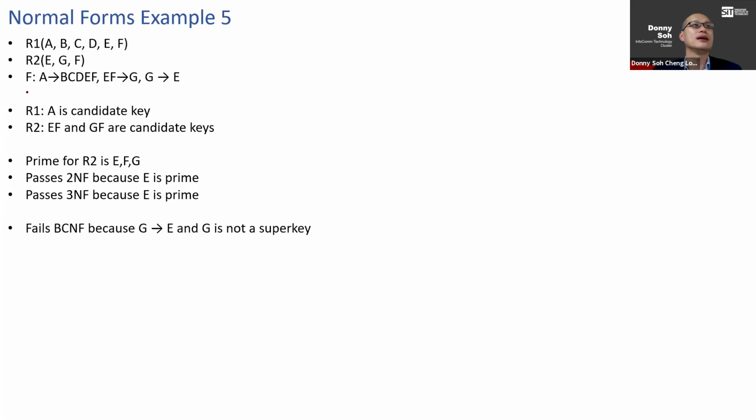When we have that, we want to look at what are my candidate keys first. So for relationship 1, A is a candidate key. For relationship 2, E, F, and G, F are candidate keys.